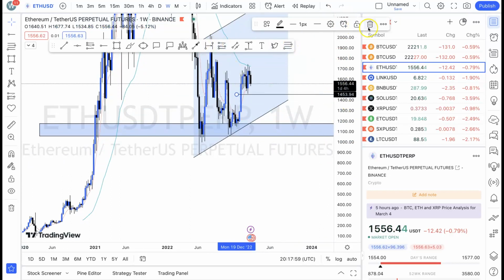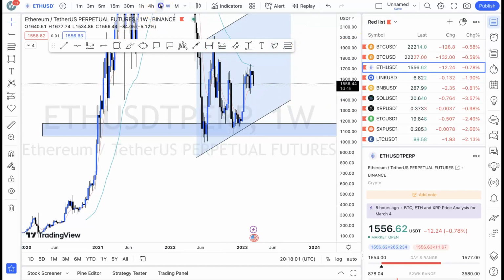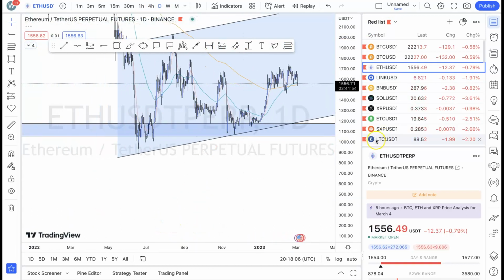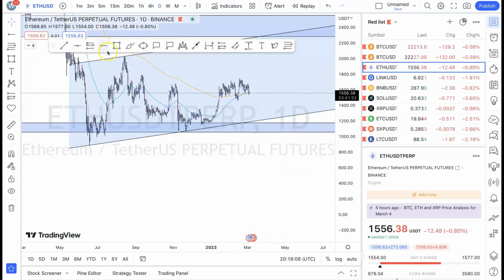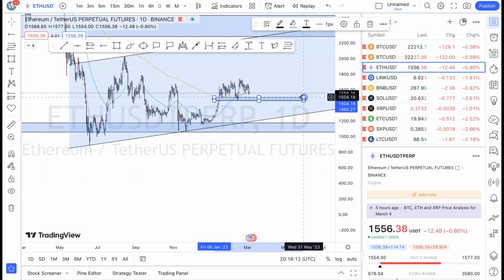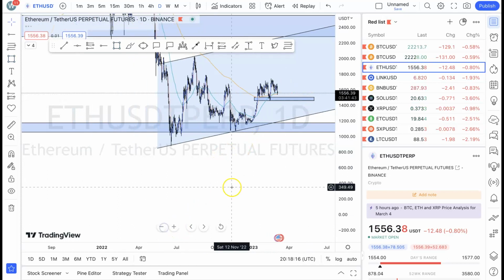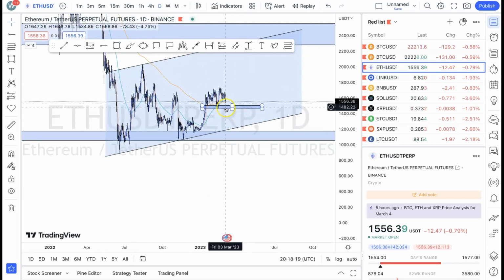So we're going to see price come into some very interesting zones. Let's go to the daily real quick. I'm expecting to see price come into some very interesting zones for us to begin to identify buys. I think price is going to sweep that level, take it out just a little bit before the real thing happens. So wait for price to sweep this level.